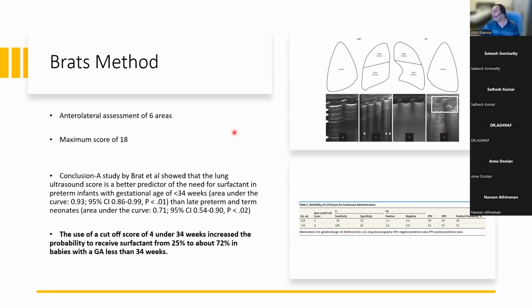That would often mean that you might end up treating a large proportion of babies under 34 weeks who might have transient tachypnea of the newborn, and you might end up over-treating them.